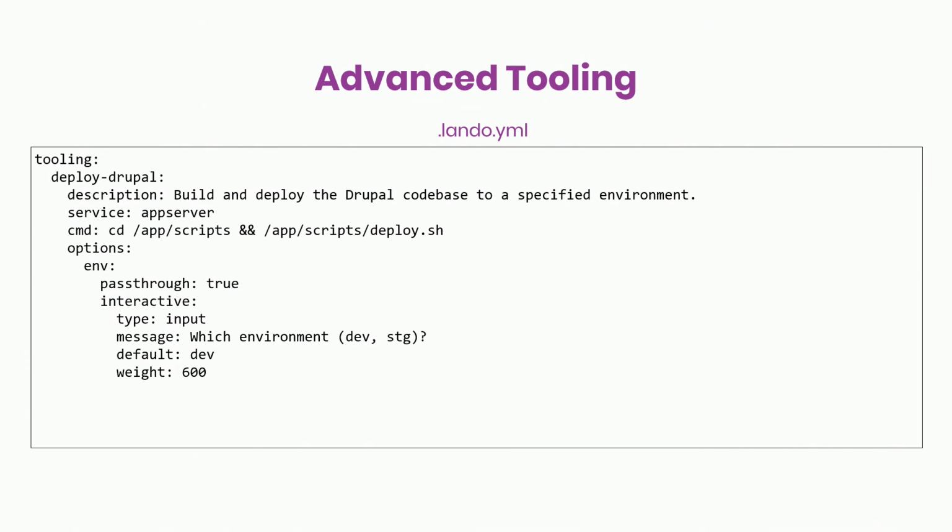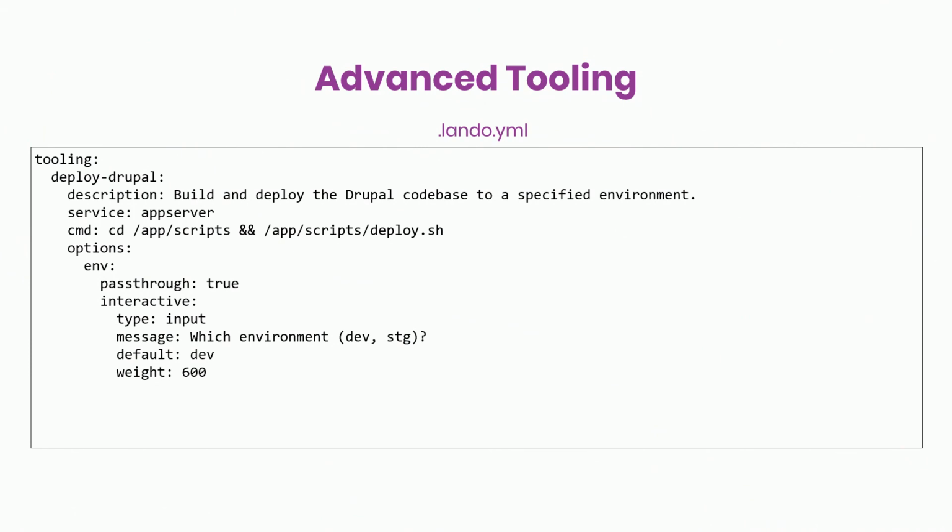Another example: if you type lando deploy drupal, it will kick off your deployment script. What we used this for, it ran some CI scripts, did some linting and such, and then did a build artifact of Drupal for us.